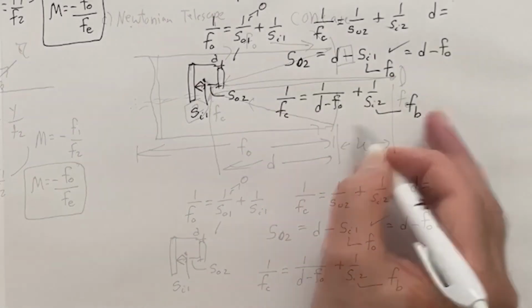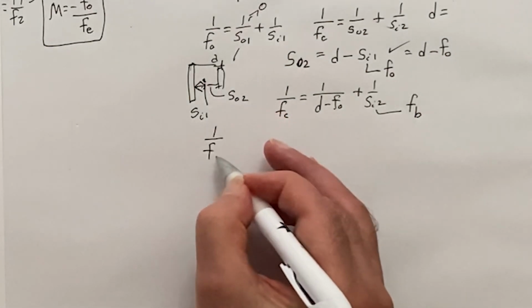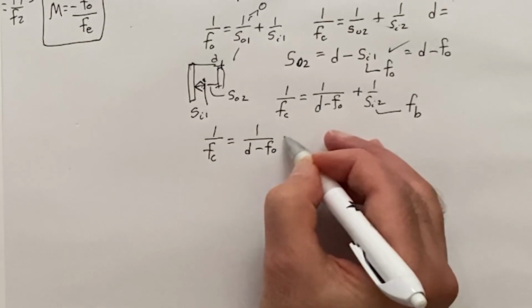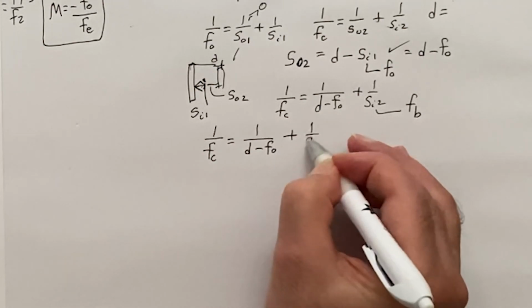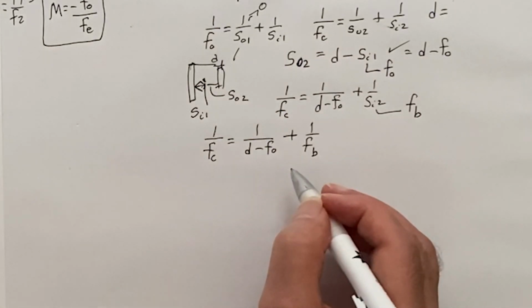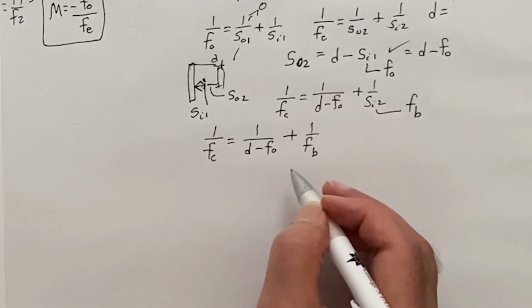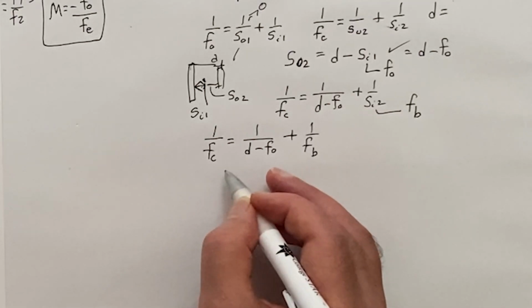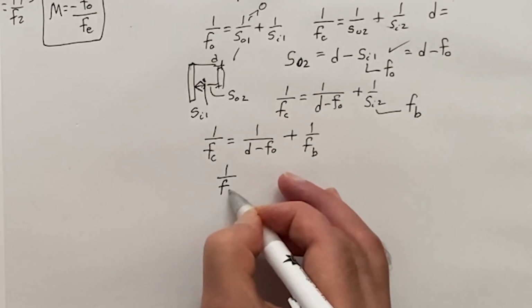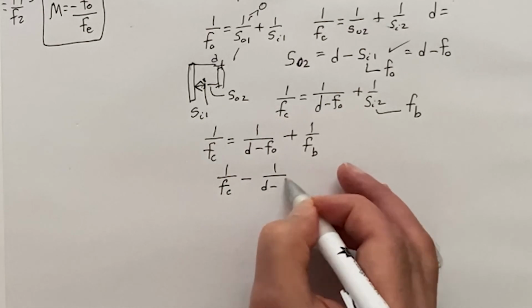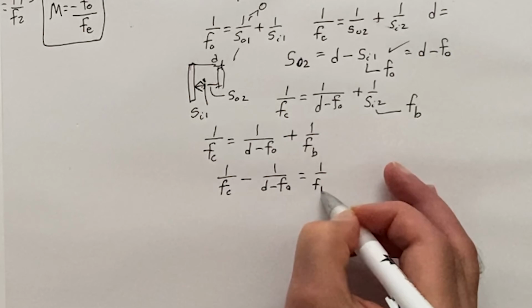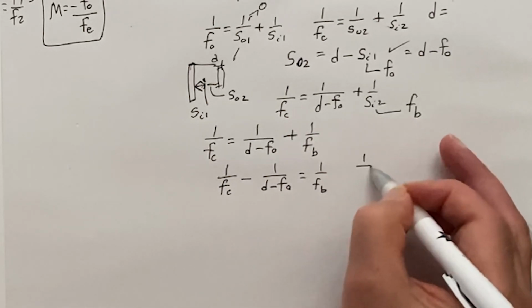So we can write this as 1 over FC is 1 over D minus FO plus 1 over F back focal length. So now let's solve for the back focal length, and we've done something like this before. This is kind of like lenses, so the formulas will be similar when we do this. So 1 over FC minus this piece is 1 over FB.